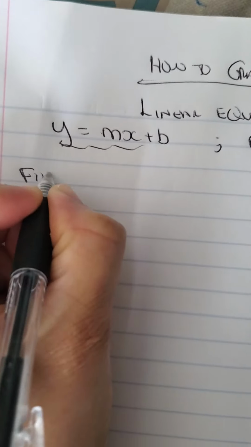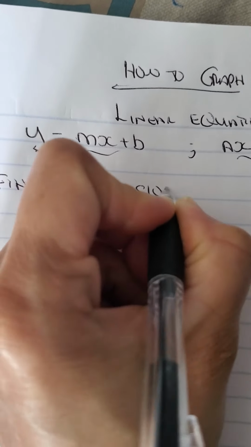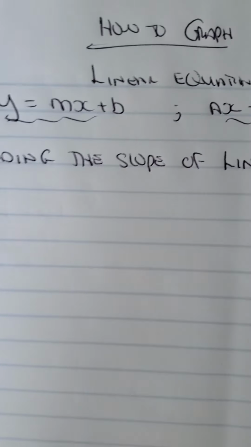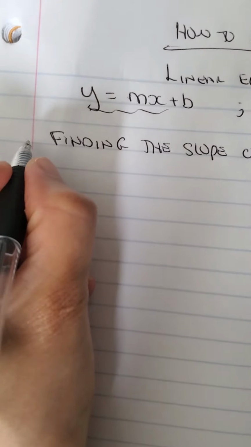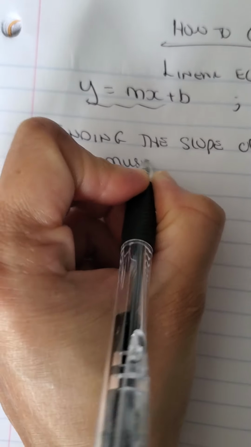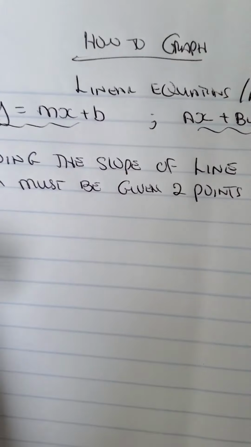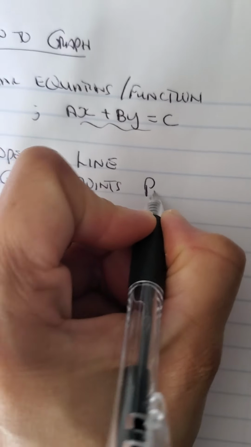And the first one I'm going to start with is finding the slope. Finding the slope of a line. And in order to find the slope of a line, you must be given 2 points. You'll be given 1 point that will say, point 1.